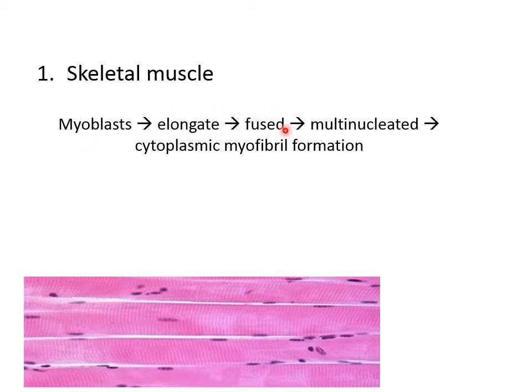After elongation, they become fused, and this will result in multi-nucleated skeletal muscle cells or fibers. And then after this, the cytoplasmic myofibril is formed.